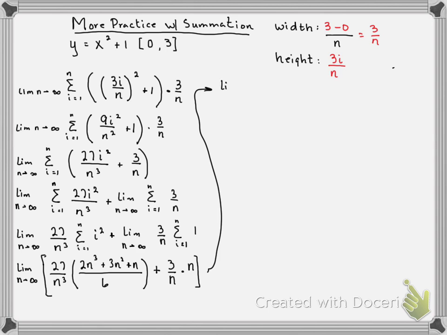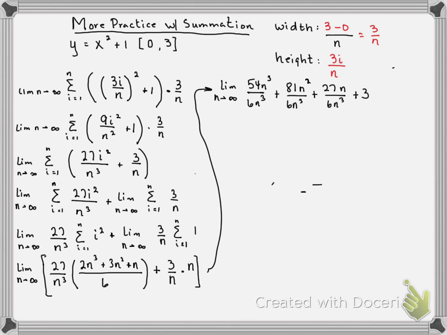We have the limit as n approaches infinity of 54n cubed over 6n cubed, and then distributing the 27 over n cubed into 3n squared over 6, we have 81n squared over 6n cubed, and then that last distribution is 27n over 6n cubed, and then 3n over n is just 3.